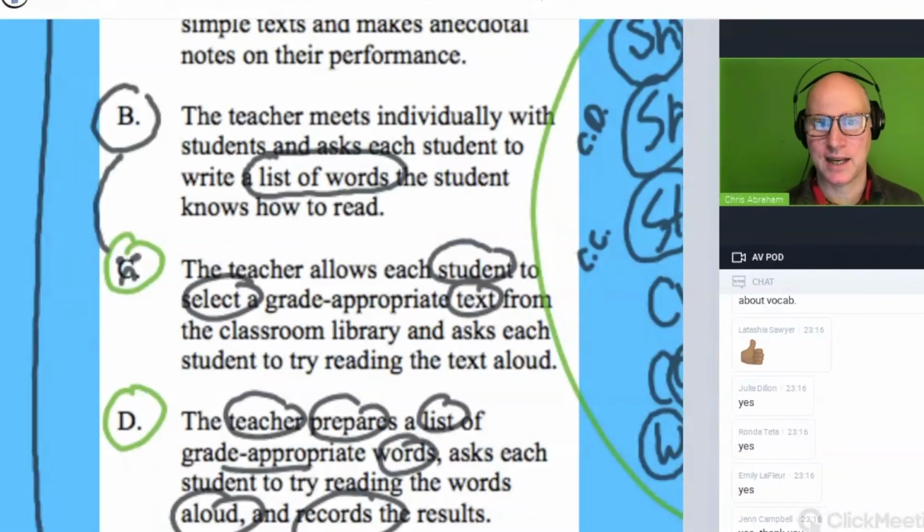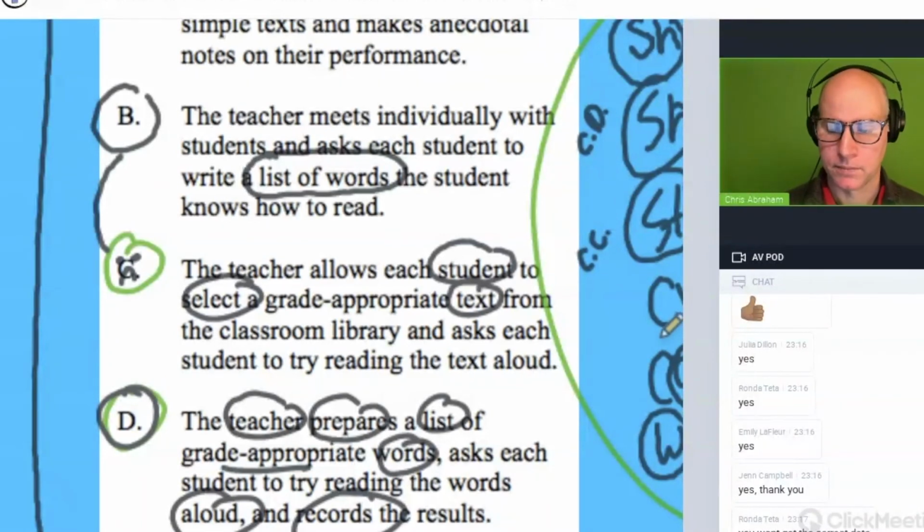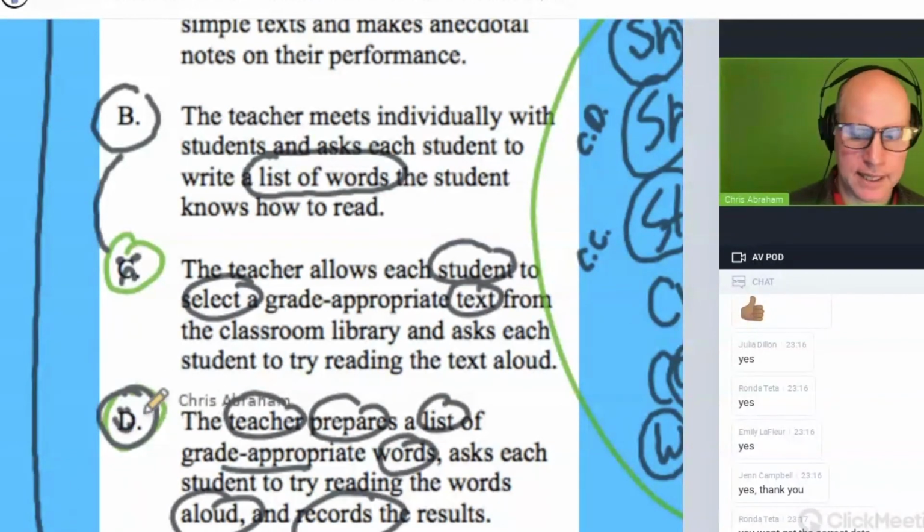So you're going to have different words for different students, and it's going to be hard to measure where that student is compared to other students. That's why I think D is the one. Teacher prepares the list. That way they can measure all the students off that one list. Okay, D is the answer.